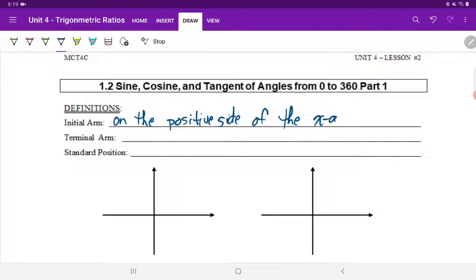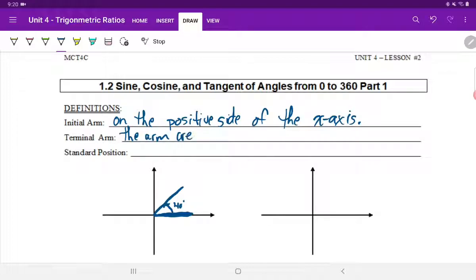So when you're given an angle, for example, right, and let's say the angle's 40 degrees, you're always going to start, this is your initial arm, you're always starting on the positive x-axis and then going 40 degrees. Okay? So you're going counterclockwise 40 degrees from the initial arm, which is on the positive x-axis. Then that 40-degree angle, that arm that now will go on the other side of that 40-degree angle, that's called your terminal arm.